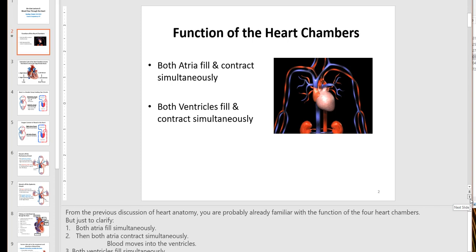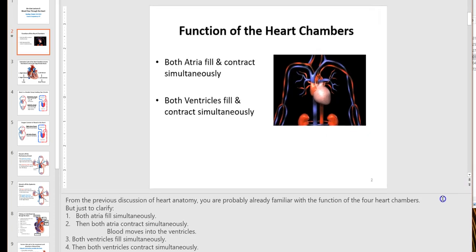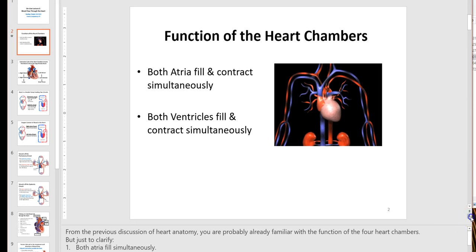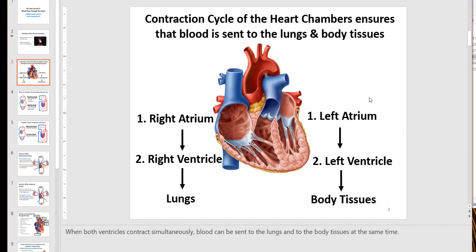But just to clarify, both atria fill simultaneously, then both of the atria contract, blood will move into both ventricles, then the ventricles are filled and they contract simultaneously, ejecting blood from the heart. The contraction cycle of the heart chambers ensures that blood is sent to the lungs and to body tissues at the same time.